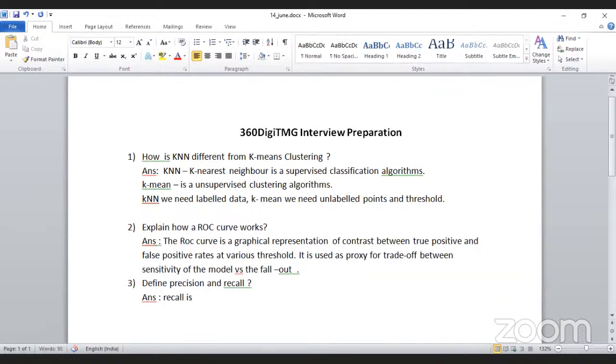Recall is also known as true positive rate. Okay, how many true positives do you have in your data? How many predictions are truly predicted positive? That is what we can say is recall.